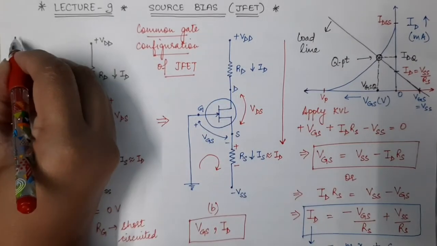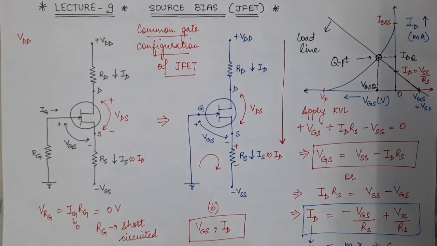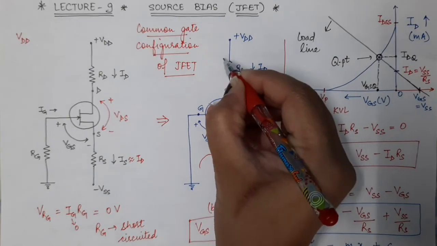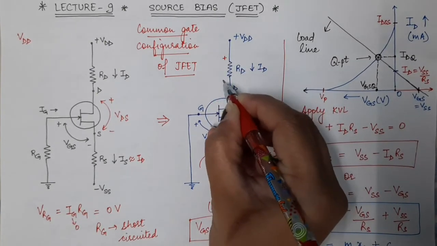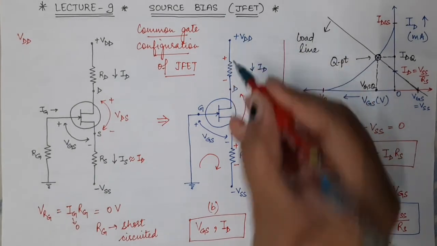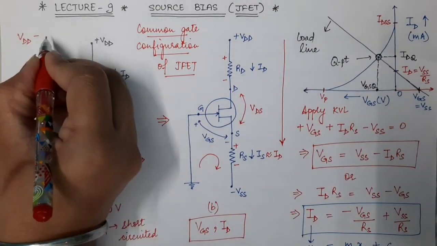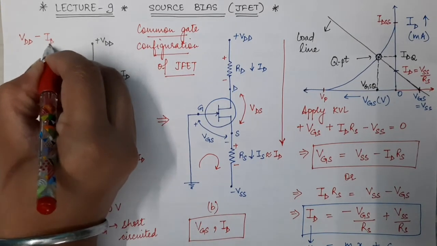Here you have plus VDD. Then here the current is flowing in this direction, so this end is positive, this end is negative, meaning signs are not alternate, so you will write negative. What is the voltage drop across RD? It will be IDRD.